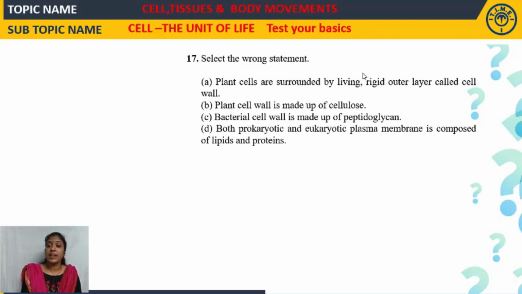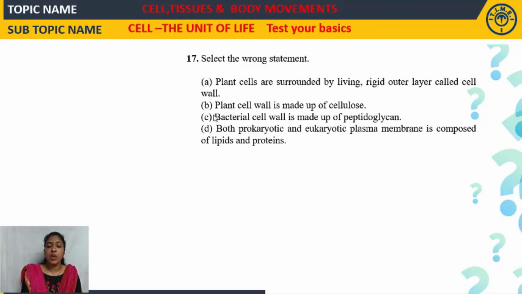But is this sentence fully correct? Not. Which is the wrong word here? Yes, this is. The plant cells are surrounded by living. They are not living. The cell walls are made up of cellulose, which is a non-living substance. Okay. So that is the thing. This is the wrong statement.